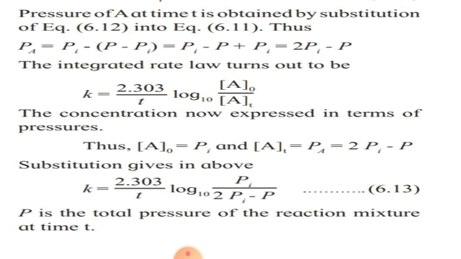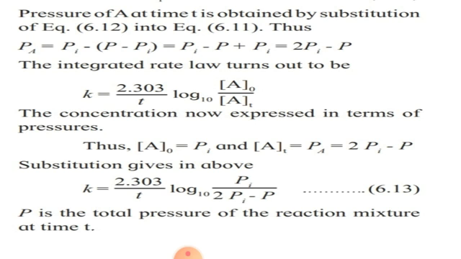As we know, the integrated rate law is k is equal to 2.303 upon t log to the base 10 of concentration of A naught upon concentration of A at time t. This is our integrated rate law equation. Now the concentration is expressed in terms of pressure, as this is the integrated rate law for a gas phase reaction.